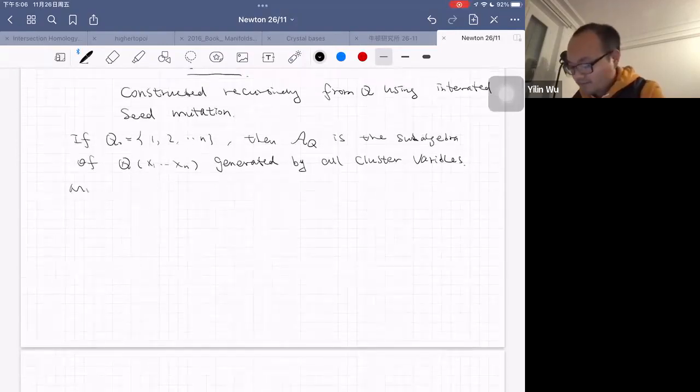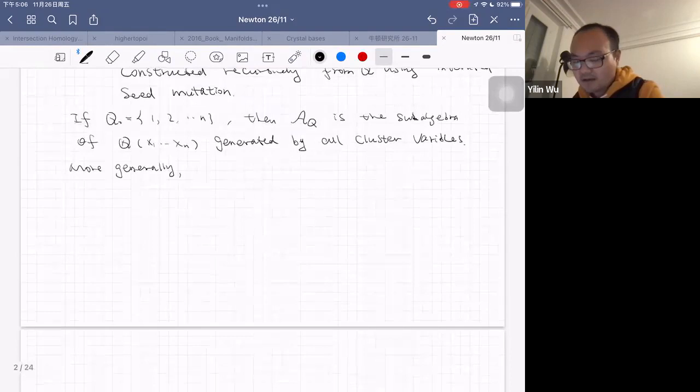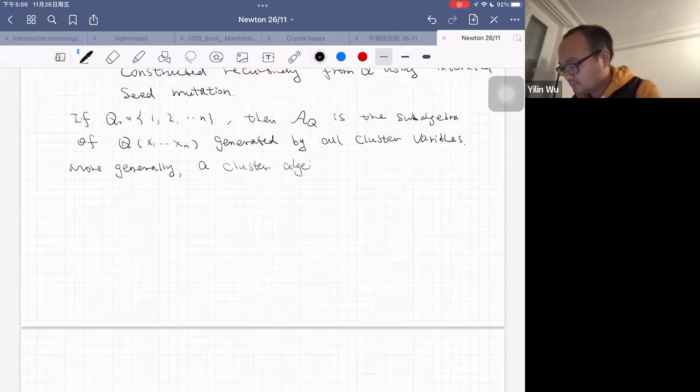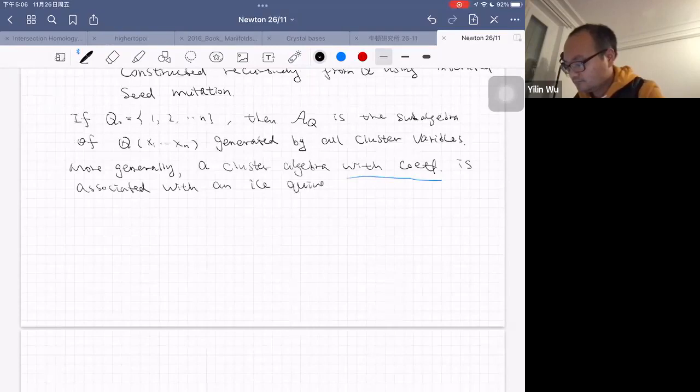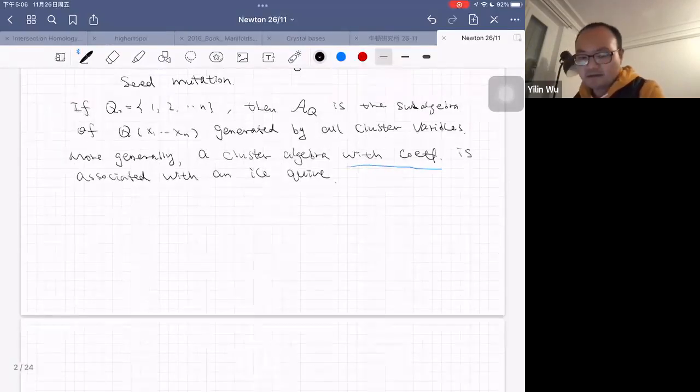More generally, a cluster algebra with coefficients is associated with an S-quiver. Here, an S-quiver is just a finite quiver with a frozen subquiver.